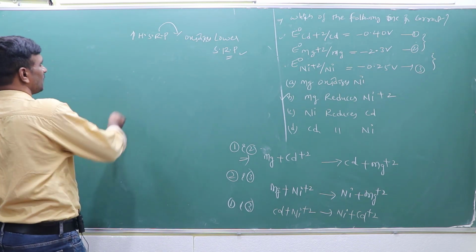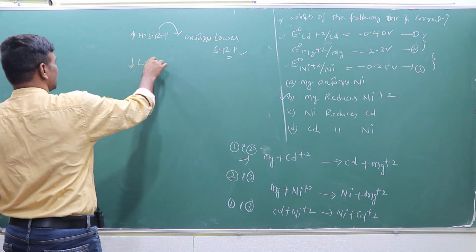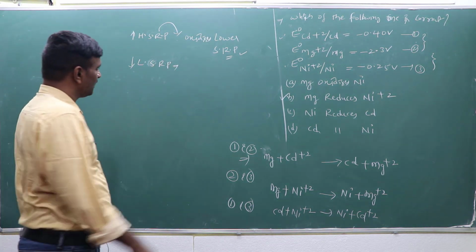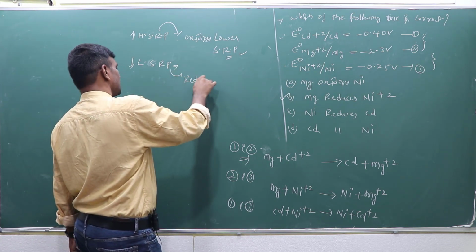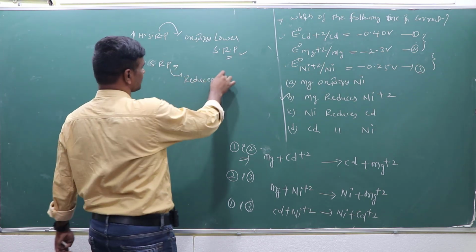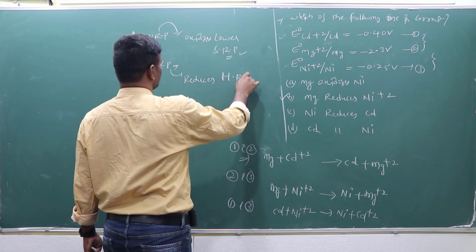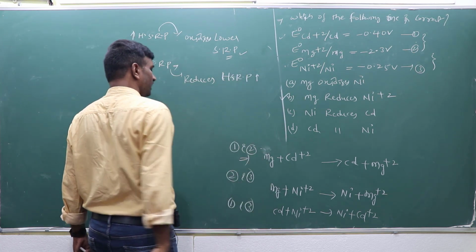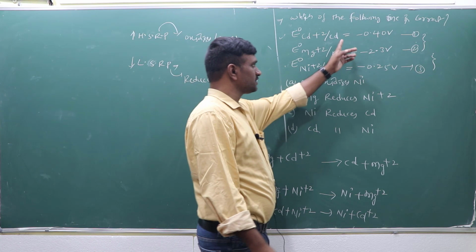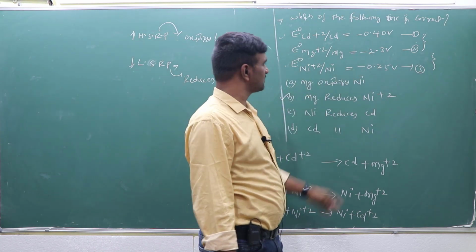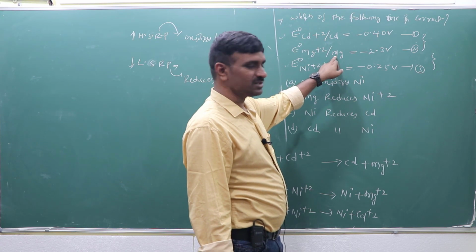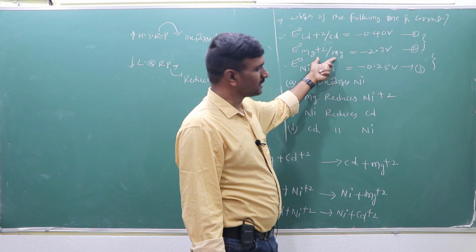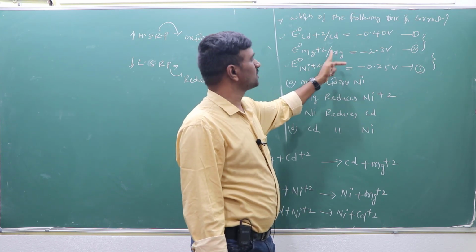Next, when a lower standard reduction potential is there, that will reduce higher standard reduction potential values. So which one value is low? Magnesium plus 2 is low out of these three cases, and this one is more. So magnesium has less value, which means magnesium is oxidized, magnesium to magnesium plus 2, right?